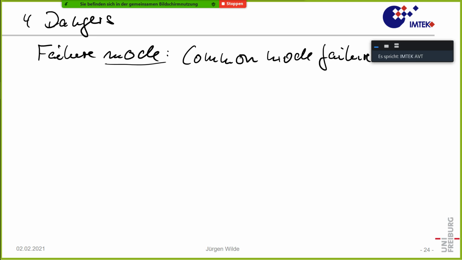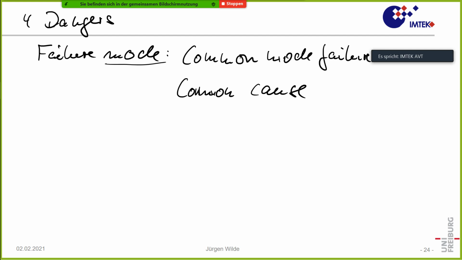And why can we have common mode failure? Yes, generally, and that's a common cause. So, for instance, it's raining and everything gets wet, and so everything is short-circuited.